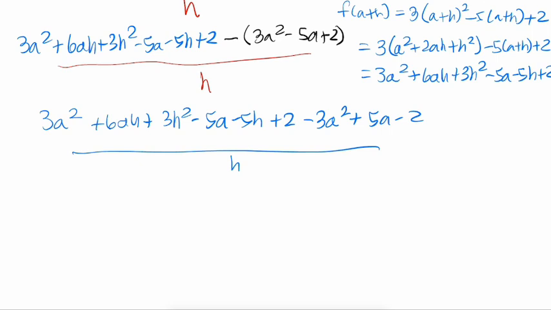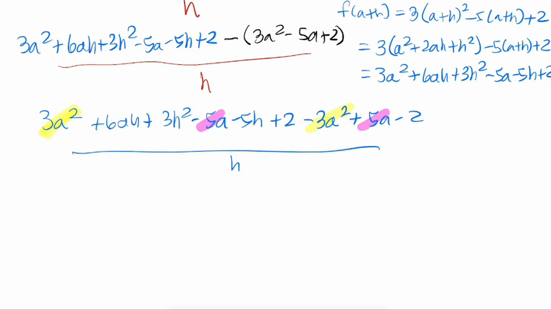So let's go through the list. Everything that does not contain an h at this point should cancel out. So 3a squared doesn't have an h. Guess what? There's a negative 3a squared down the line. Negative 5a and positive 5a cancel out.